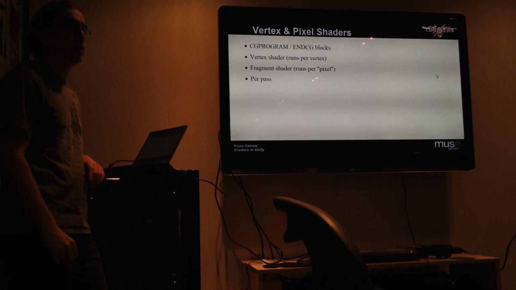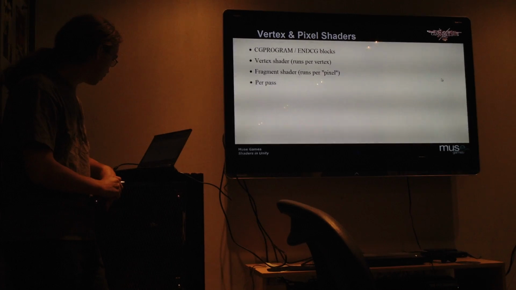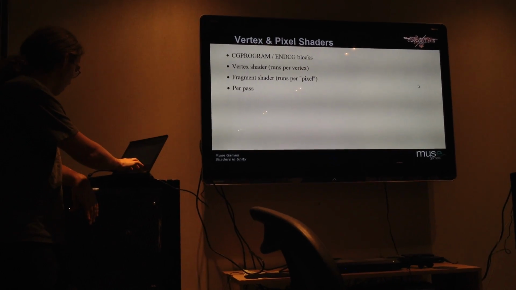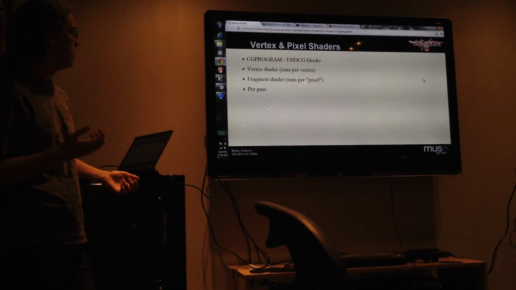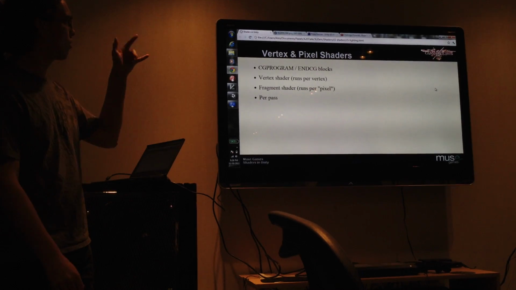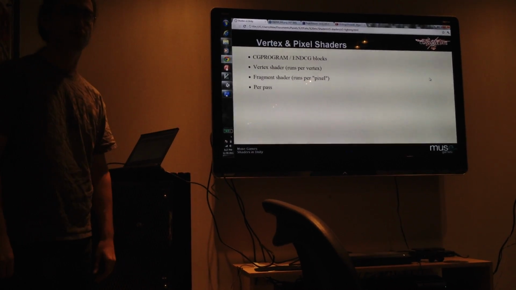Now, once you're out of happy surface shader land, we're also back into everything is clear what's going on land. In a Unity shader, you will insert CGPROGRAM and ENDCG tags, within which you write your shader programs.